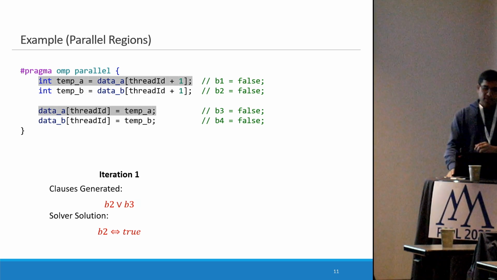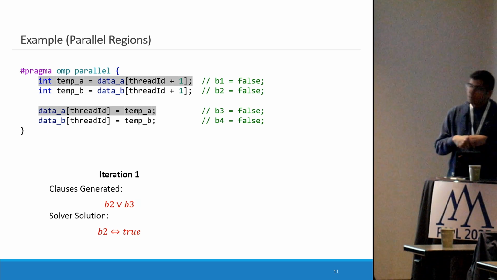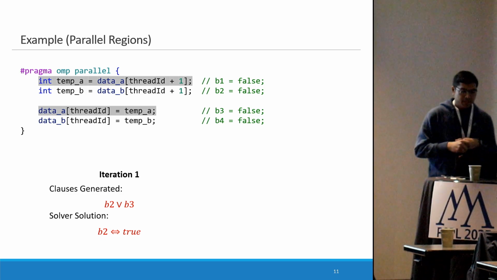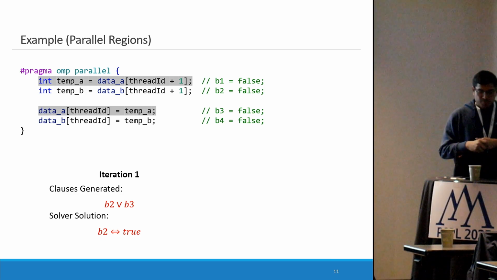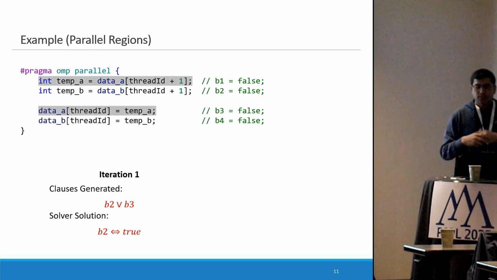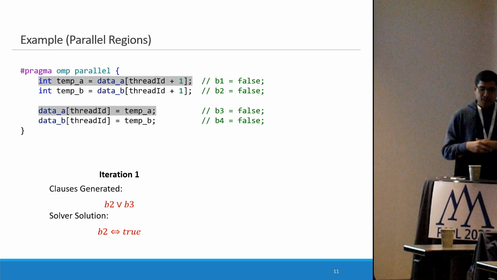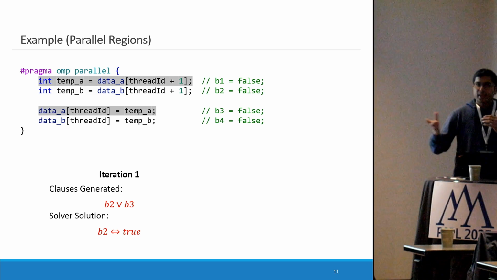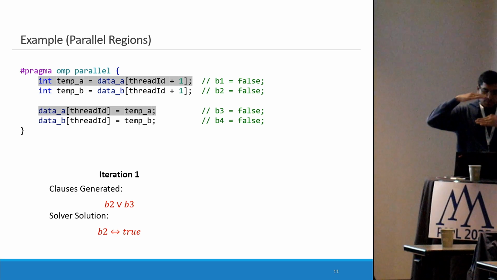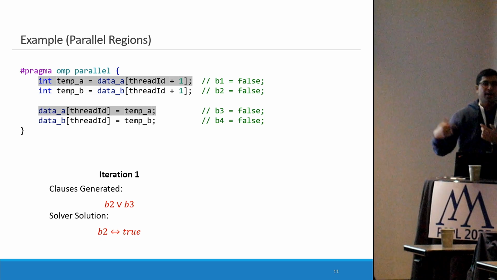The verifier reports that there is a data race between statement 1 and statement 3 due to a read and write to the same memory array. And so at this stage, the clause generator kicks in, where we try to read the error message from the verifier, and we read between these 2 locations, we read all the memory accesses that happen to the shared memory.